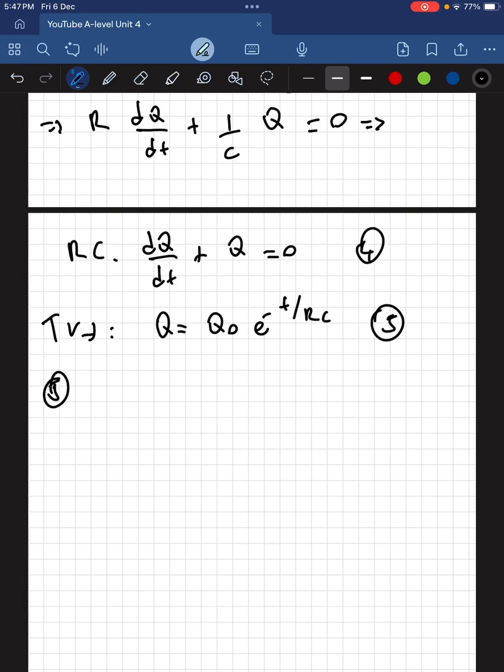So we take 5 and find the first derivative with respect to time, which is equal to minus Q naught over RC times e to the minus t over RC. This is equation 6.